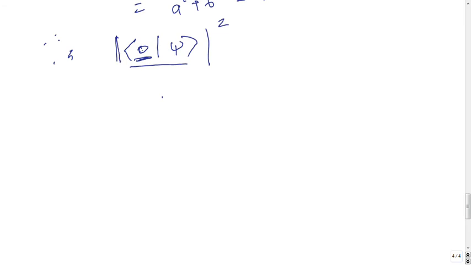Taking its magnitude squared, in this case mod a squared, gives us the probability. Similarly you can do this for the state 1.